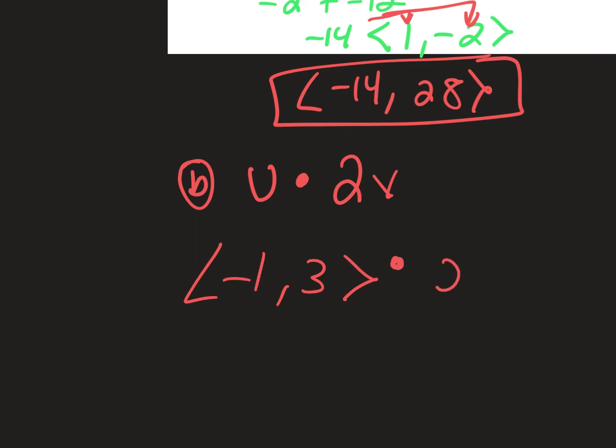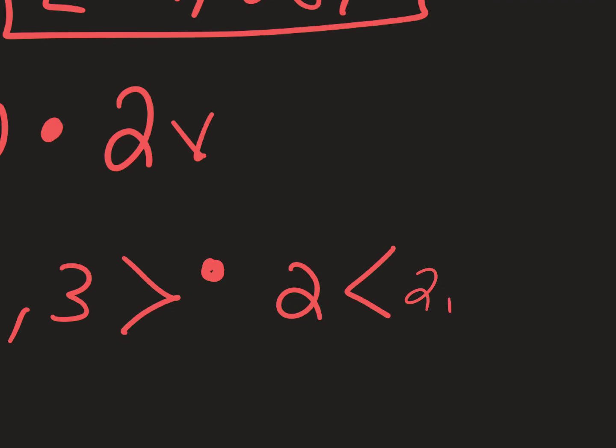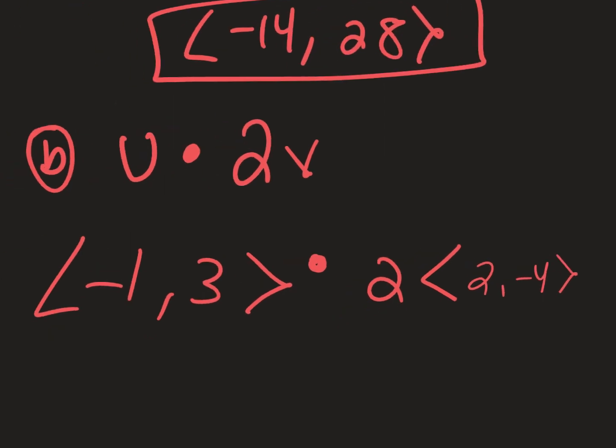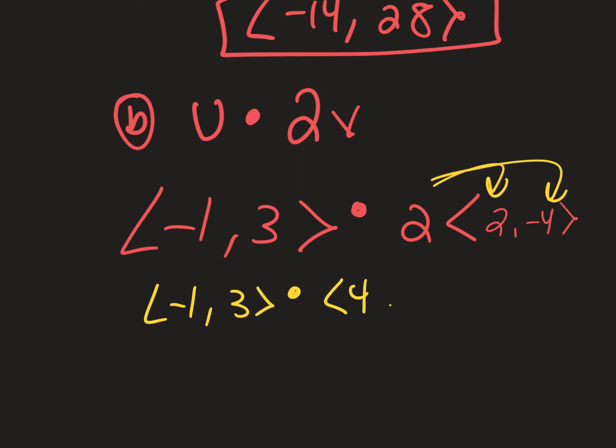What's V? 2, -4. So what would we do first, guys? Would we distribute or do we find dot products? Let's distribute. Good. I have -1, 3. And then I have 2 times 2 is 4, and 2 times -4 is -8.